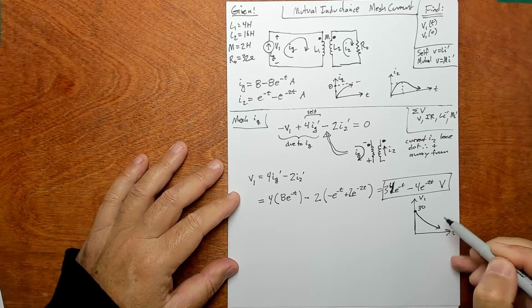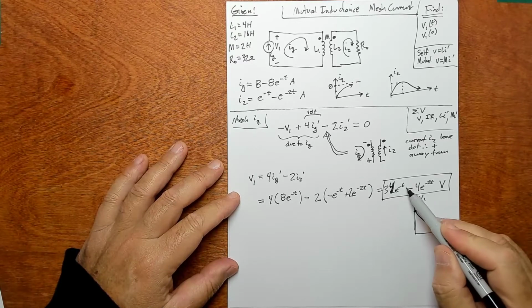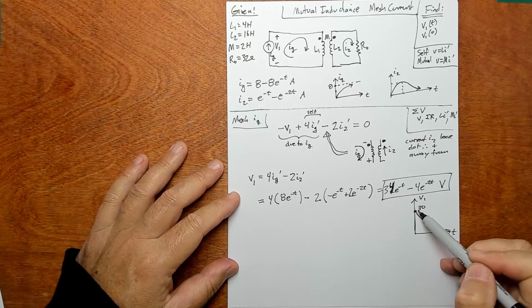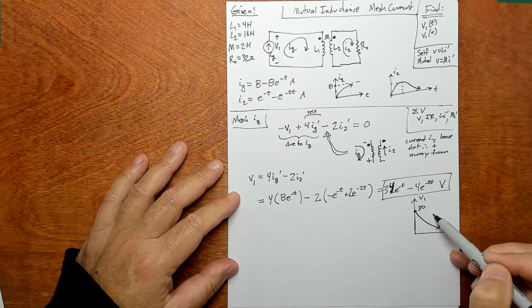It's possible, because you have these exponents here and they're not the same, that one of these guys could win, and it could go up a little bit or something.